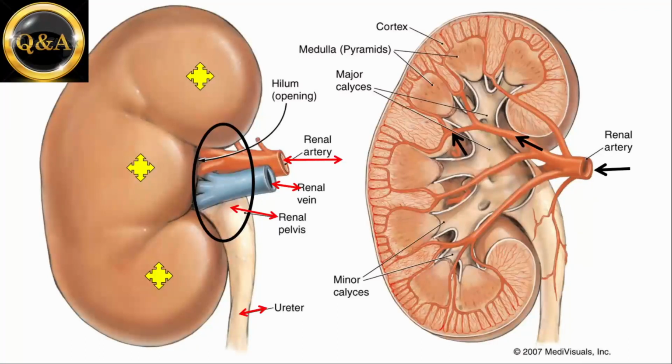These segmental arteries will start to branch into interlobar arteries, and these interlobar arteries are going to divide into lobular arteries, and then we have the arcuate arteries, which are going to supply the cortex of the kidney.